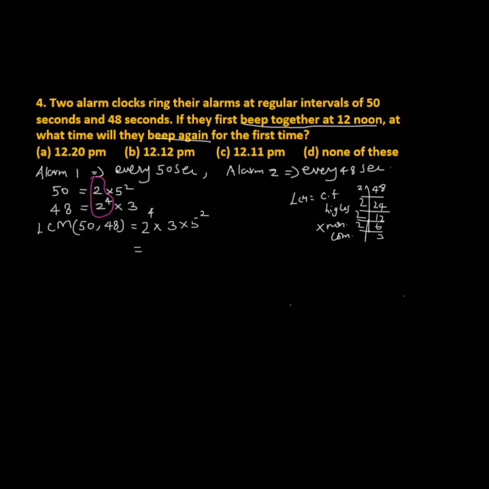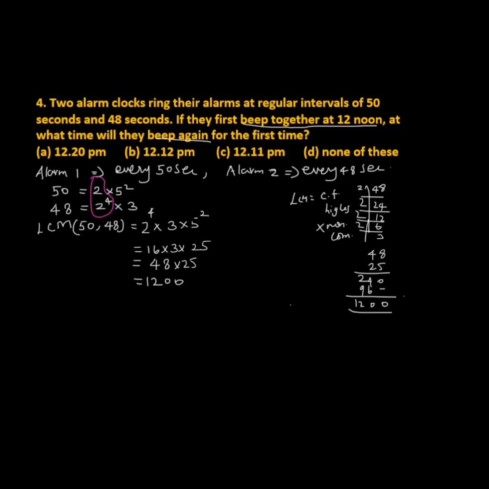So 2 power 4 is 16, 16 into 3 into 25. 16 into 3 is 48, 48 into 25 is 1200.